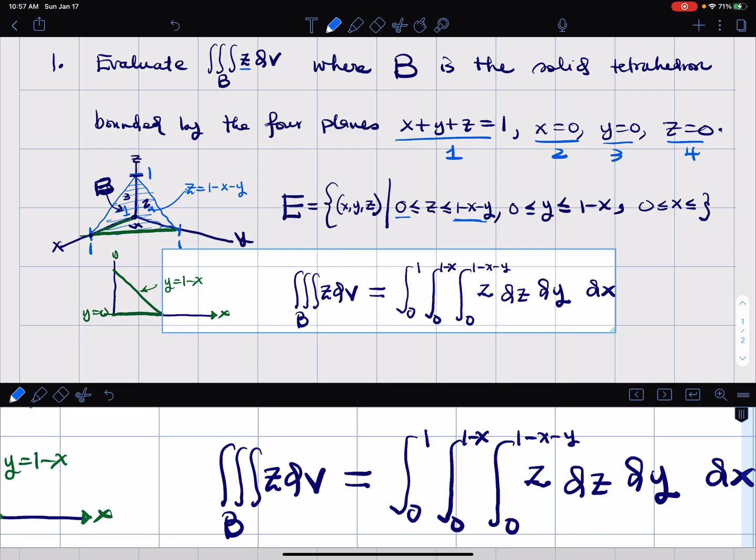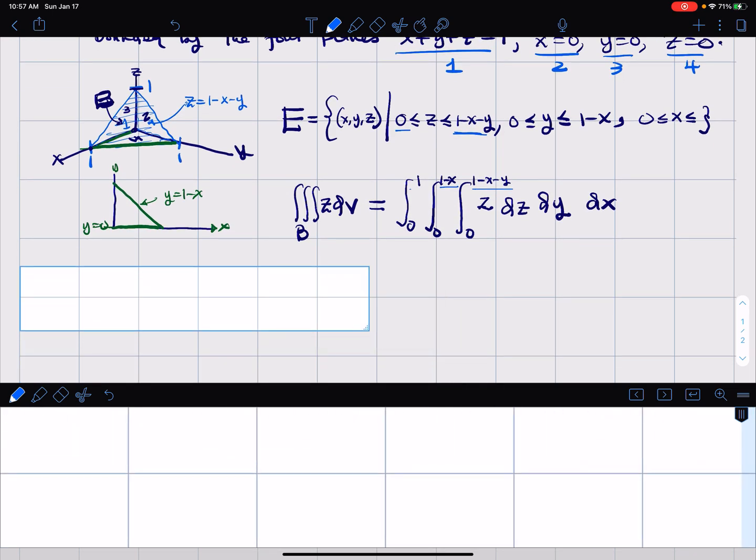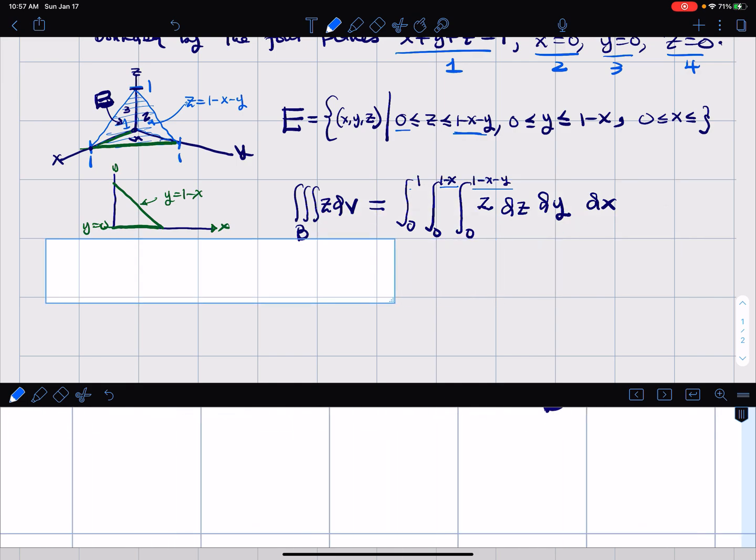You really have to start with the integral that needs the most number of variables. This has x and y, two variables. This has x, one variable. This has no variable, just a constant. 2, 1, 0. Okay? So that's how you do it. If you don't do it that way, it's going to be wrong.